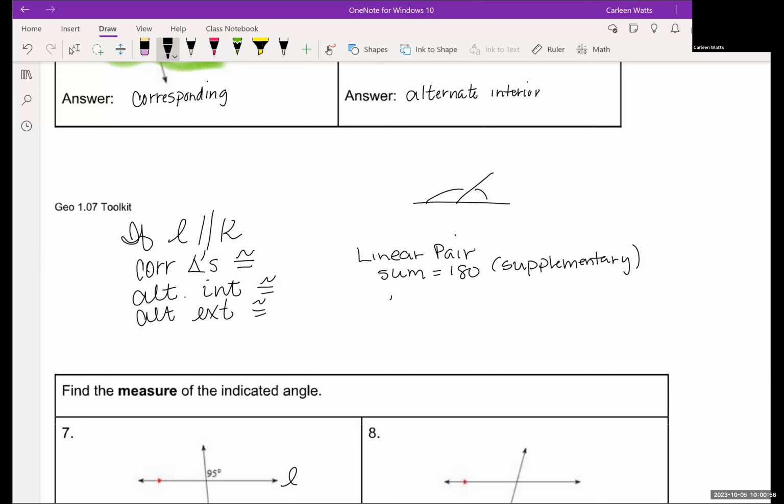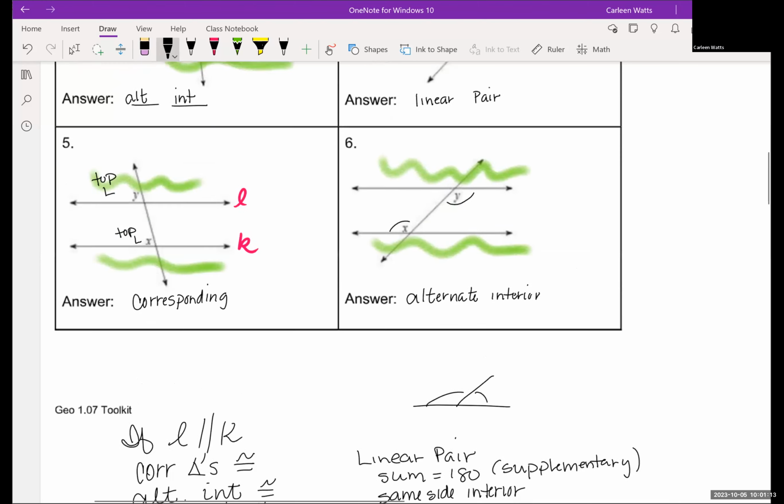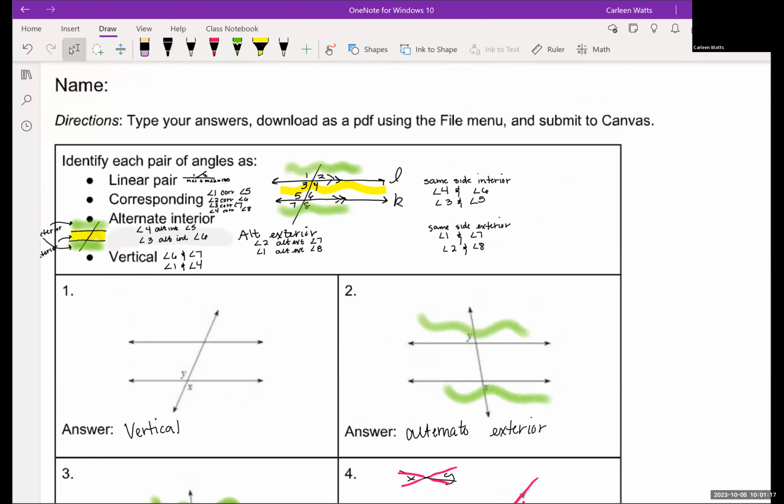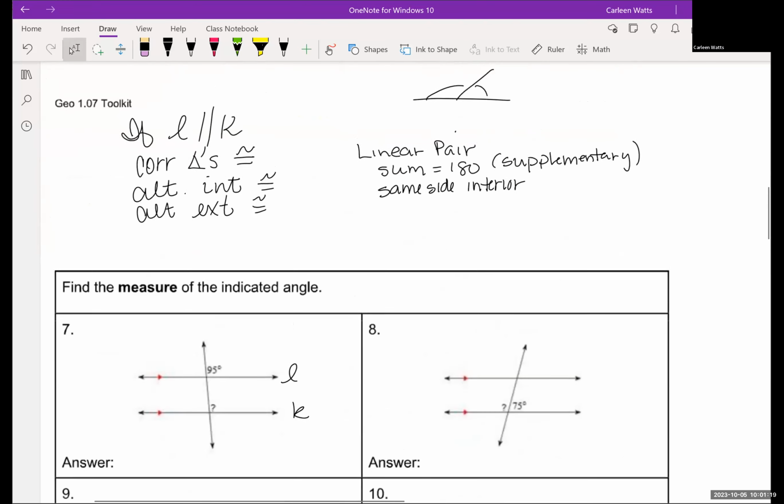Okay, what about alternate exterior? Oh, no, sorry. What about same side interior? Okay, I'll just redraw it, sorry.